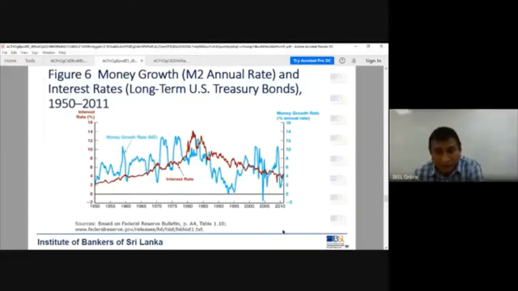But in the financial crisis of 2008-9, the money supply again started growing fast in the US and the rest of the world, but interest rates did not increase. Interest rates in OECD countries, especially in the US, almost hit zero. In some countries, interest rates effectively became negative, right?